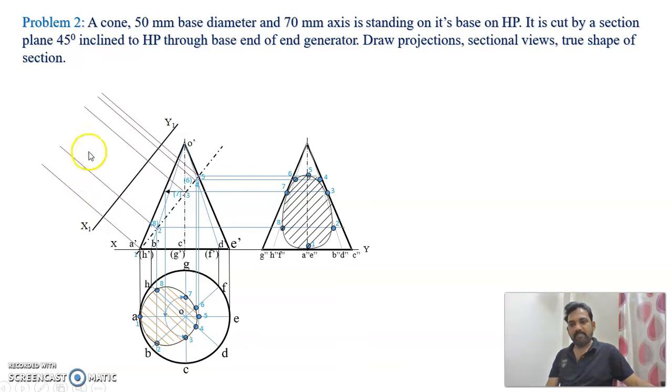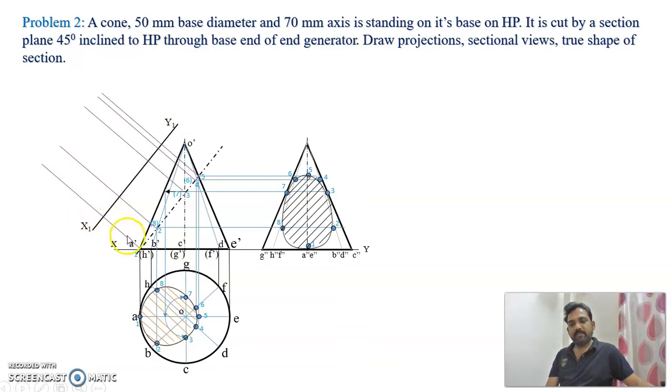Now to mark the points, what will you do? Measure the distance from the x-axis up to 1, or in your compass take the distance from a dash to a, and there is a projector which is going through x1 y1.